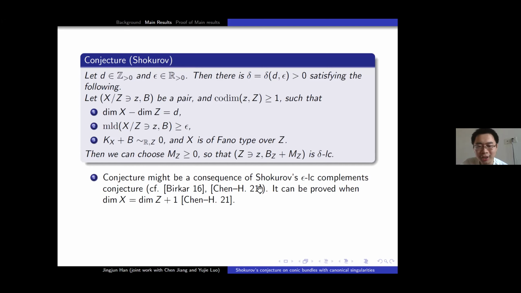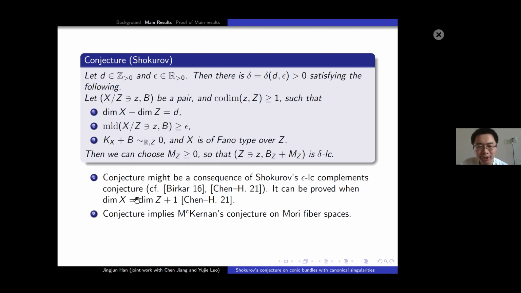Following Birkar's idea, we prove that this conjecture holds when the dimension of X equals the dimension of Z plus 1. We follow Birkar's idea and also our main results in this paper, where we prove the Shokurov epsilon-log canonical complements conjecture for the relative pair.